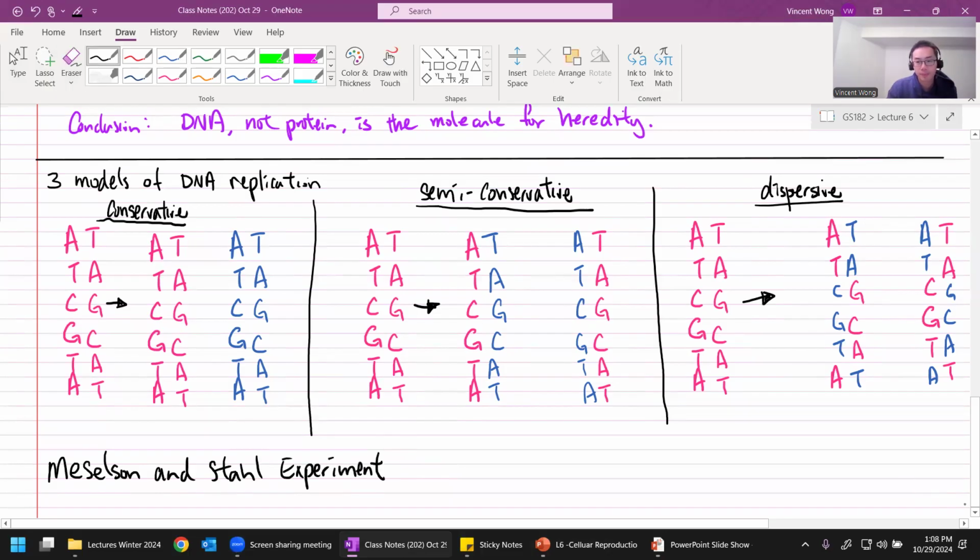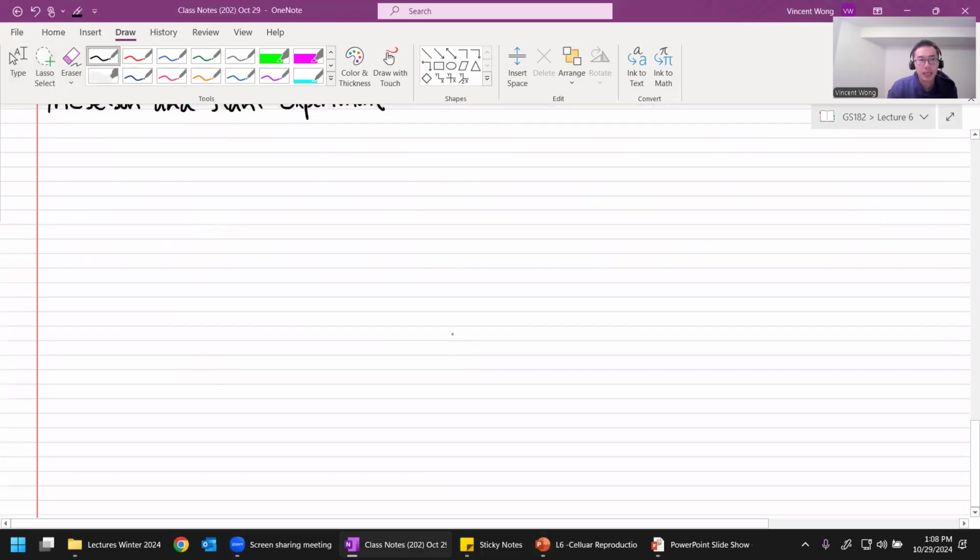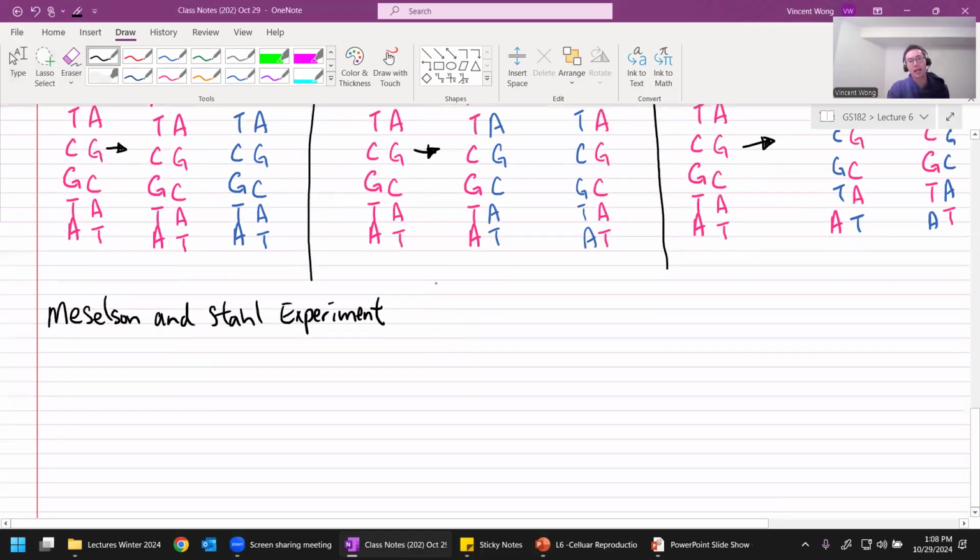Ideally, you would have three colors: blue, red, and purple would be great. If you don't have purple, something else is fine as well. So this is the Meselson and Stahl experiment.